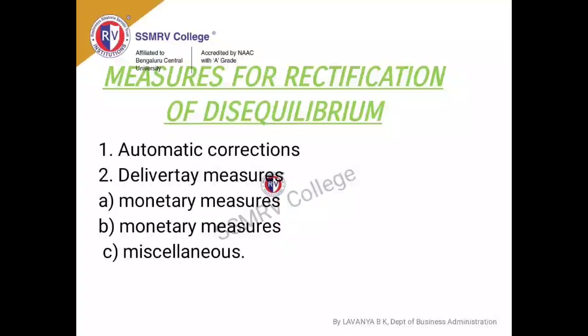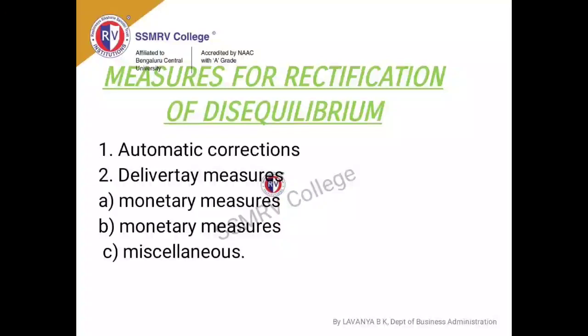It's a state where your demand for foreign exchange is more, but the supply is less. During those moments, automatic correction works through increasing the exchange rate, making imports costlier and exports cheaper. Through this, your disequilibrium can be corrected and brought down to the equity state.